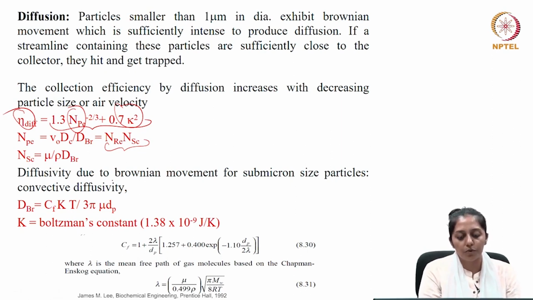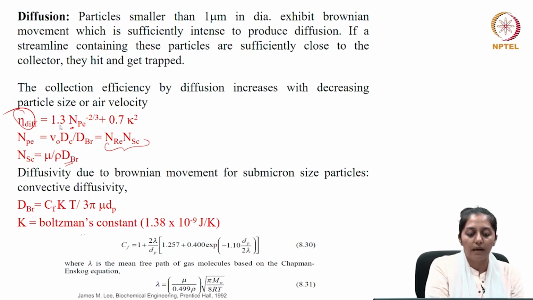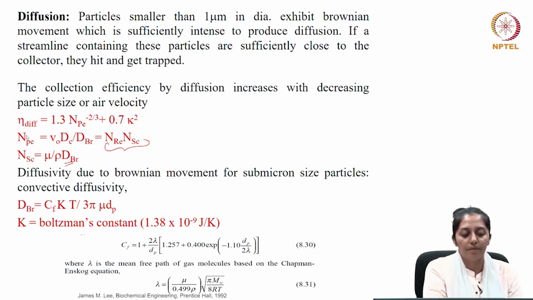The diffusivity due to Brownian movement is dBr for submicron size particles. So, you may call it convective diffusivity. The efficiency due to diffusion is a function of the Peclet number, and has been defined as an empirical relationship being a function of Peclet number and the Boltzmann constant.